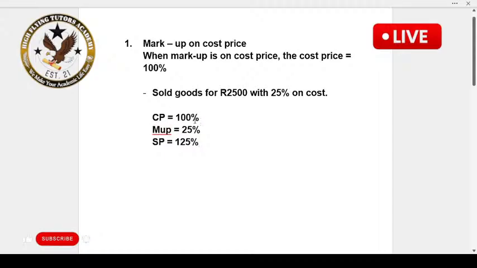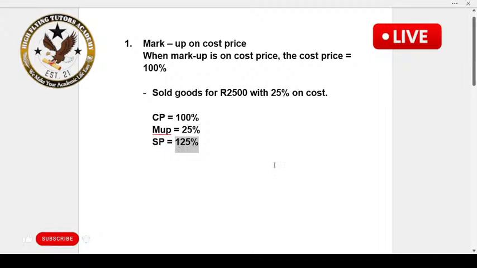So what does it mean? Cost price is the amount you buy stock with or you produce with. Let's say you are selling oranges, so you buy at a cost of 100%, you add a profit of 25%, it means you want to sell at 125%.